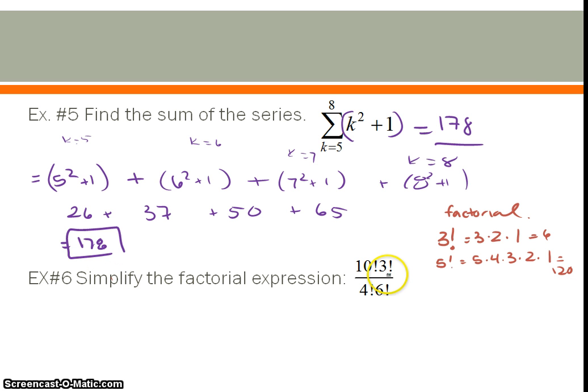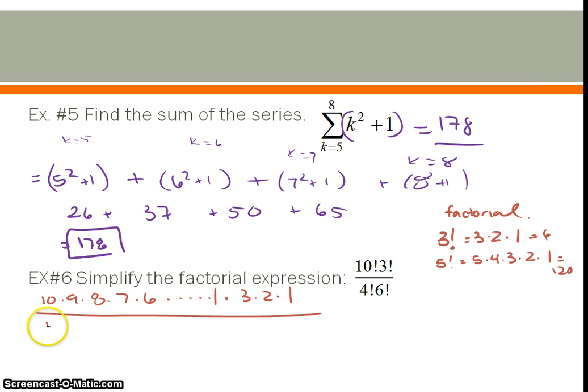Okay, so here we're going to simplify the factorial. So 10 factorial is 10, 9, 8, 7, 6, all the way down to 1. Okay, 3 factorial is 3, 2, 1. All over 4 factorial is 4 times 3 times 2 times 1. 6 factorial is 6, 5, all the way down to 1.